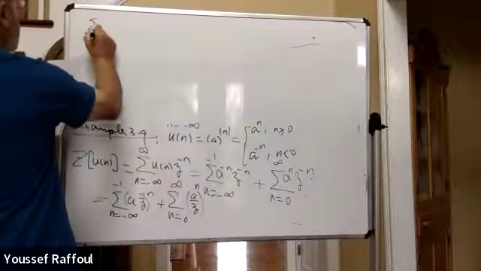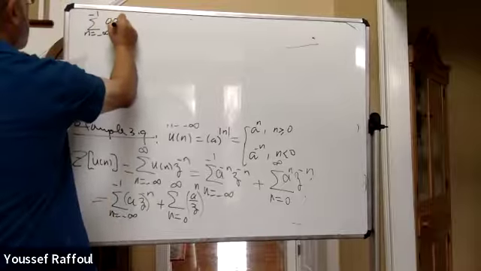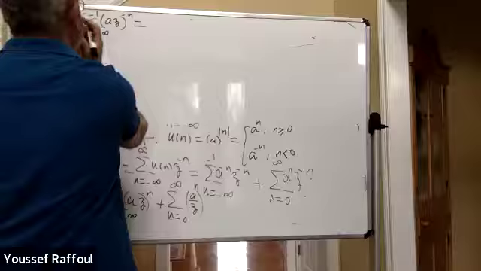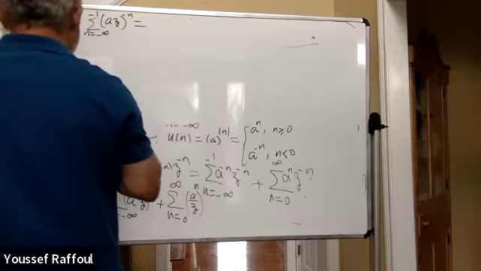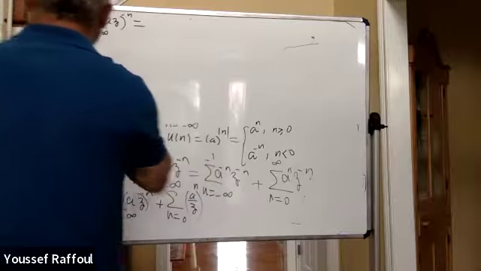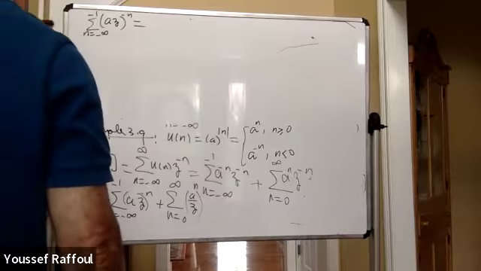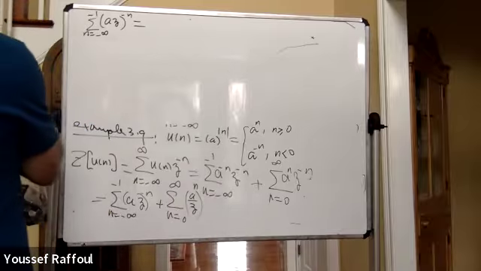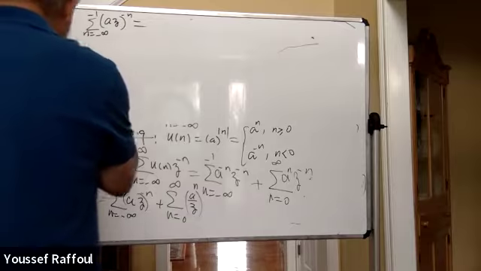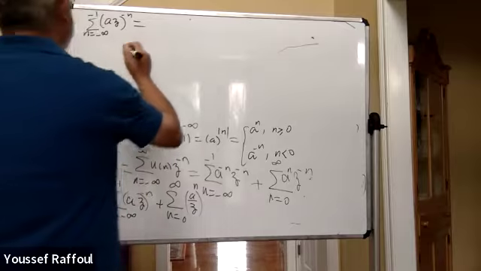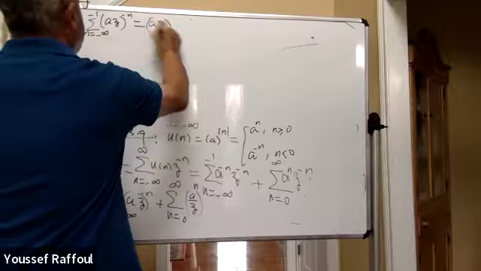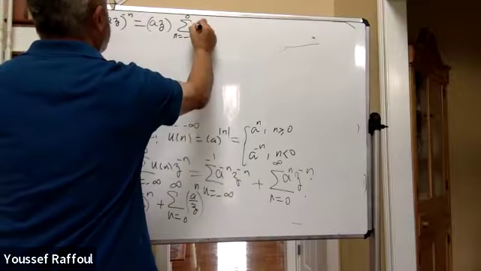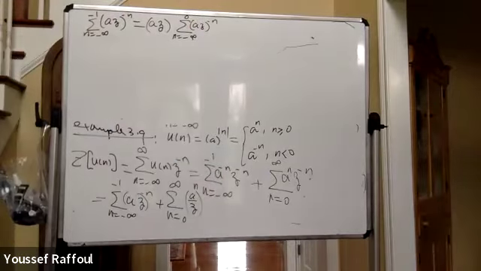Now the sum from n equals minus infinity to minus 1 of (az)^(-n) is, as az, (az)^(-n-1), so it's going to be az times the sum from n equals minus infinity to 0 of (az)^(-n), okay?